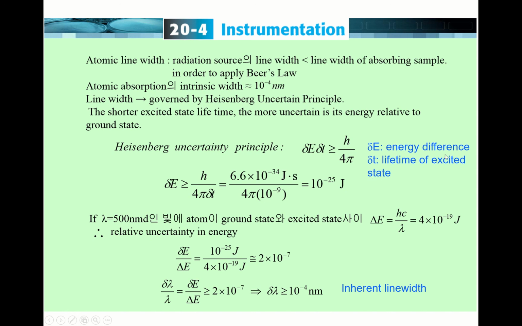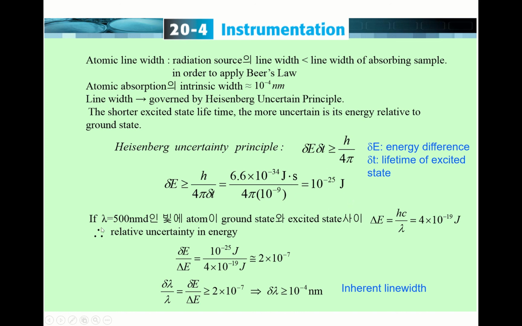If the electronic lifetime in the excited state is 10 to the minus 9 second, then we can easily get the delta E value, which is 10 to the minus 25 joule. Still this is quite small.